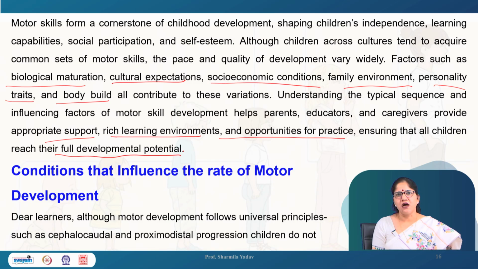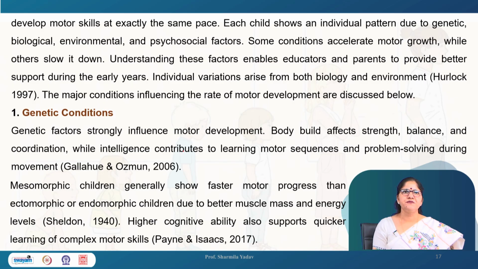So now, after doing all these factors for variation, now discuss the conditions that influence the rate of motor development. Dear learners, although motor development follows universal principles such as cephalocaudal and proximodistal progression, children do not develop motor skills at exactly the same pace.